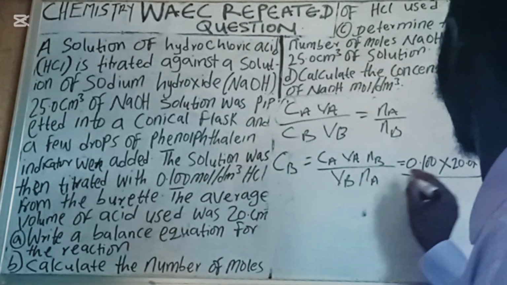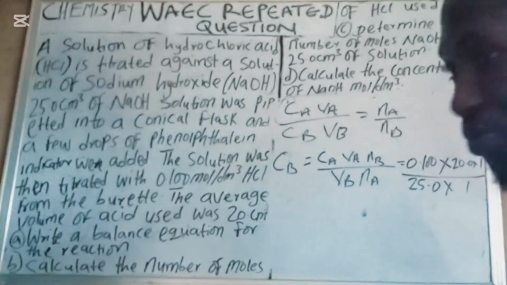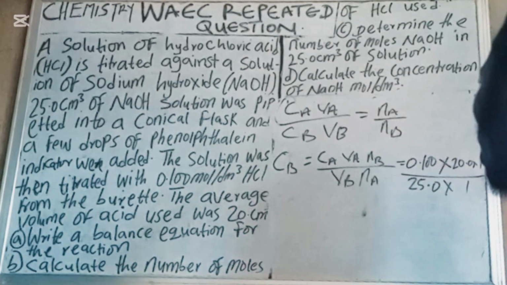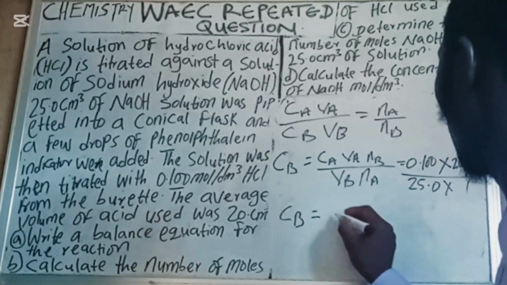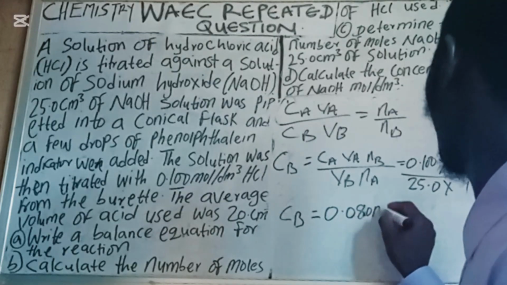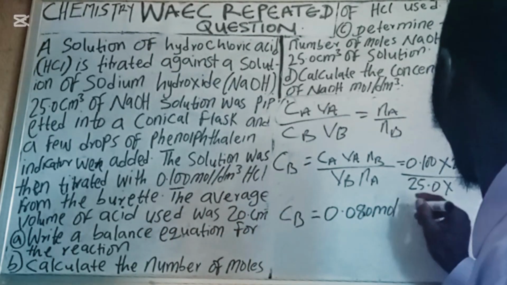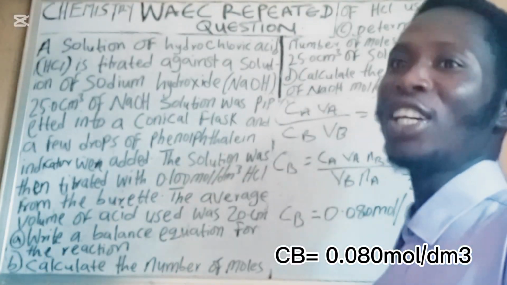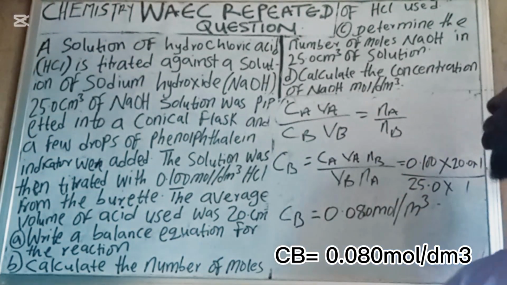So divide by VB is equal to 25.0 times 1. Now if you multiply and divide these values, you are going to get CB is equal to 0.080 mole per dm cube.